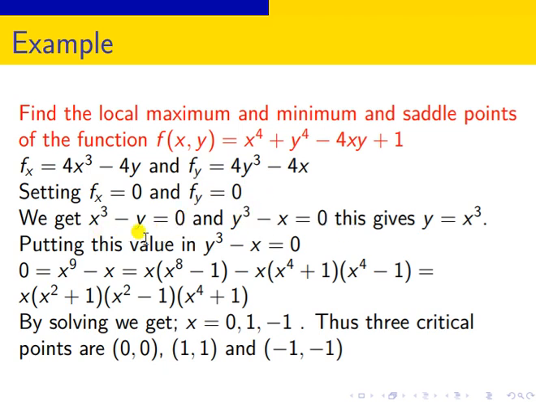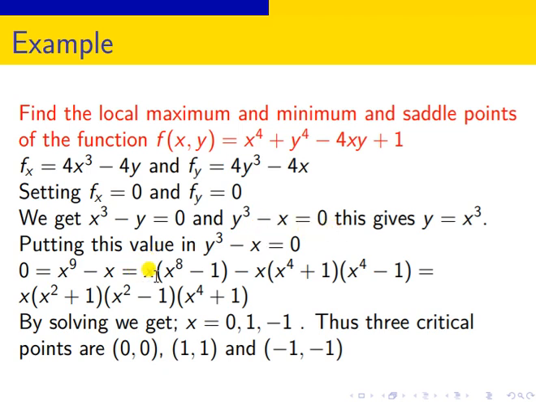We will get the value like this, and this will give y equal to x to the power cube. Putting this value in the other equation, y cube minus x equal to 0. From the first one we have y equal to x cube, so in place of y we put x cube, and it becomes x to the power 9 minus x.